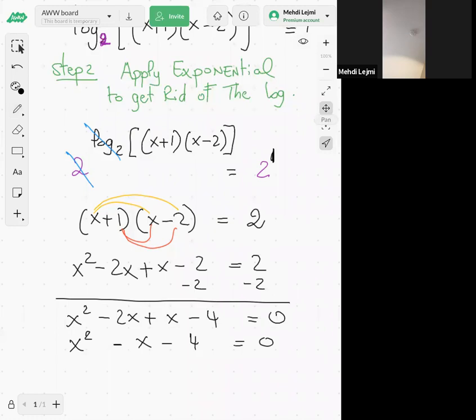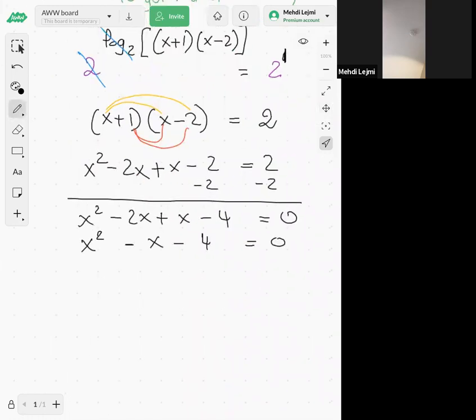So then my x would be minus b, so minus negative 1, plus or minus the square root of b squared, that's 1, minus 4 times a times c, which is negative 4, over 2a, 2 times 1.